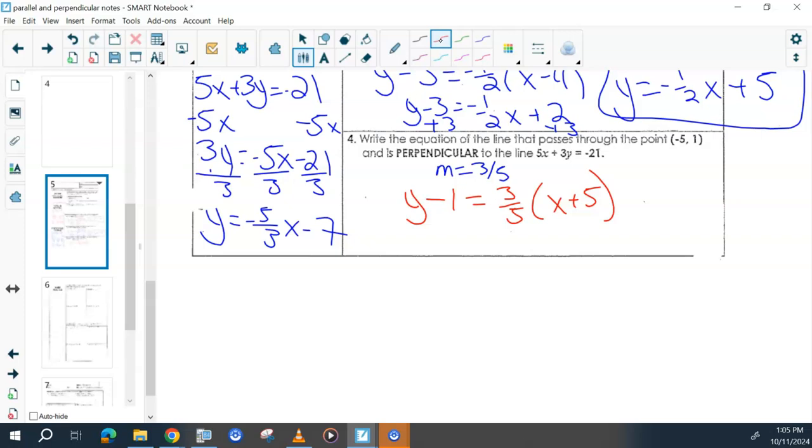Why does it not matter if you put the negative there? You could put x minus a negative 5, but then you'd have to change that to a plus. I'm just skipping that step.